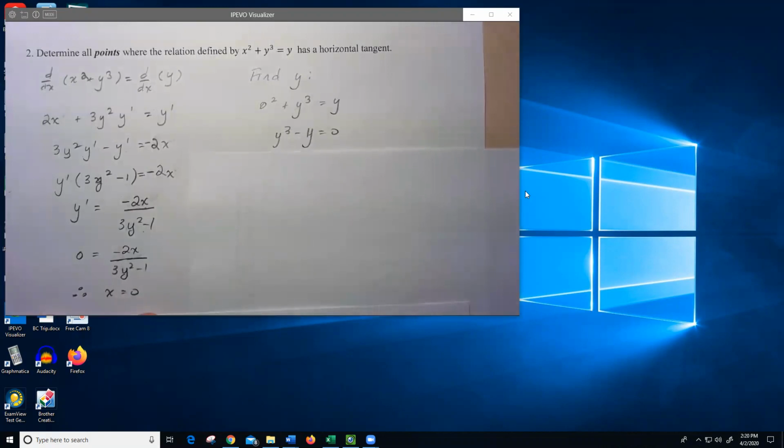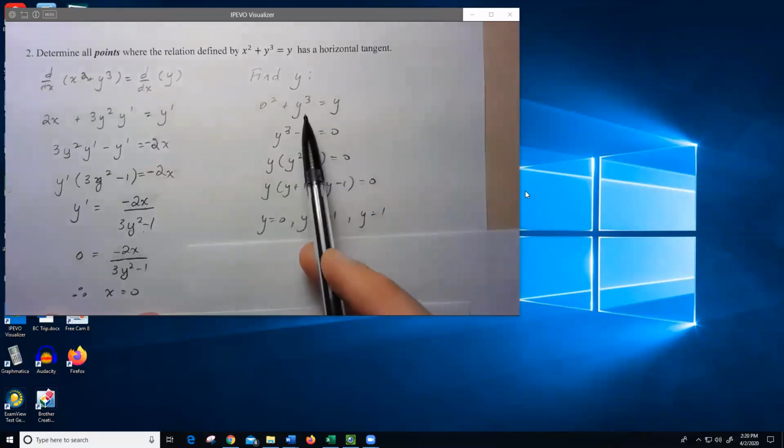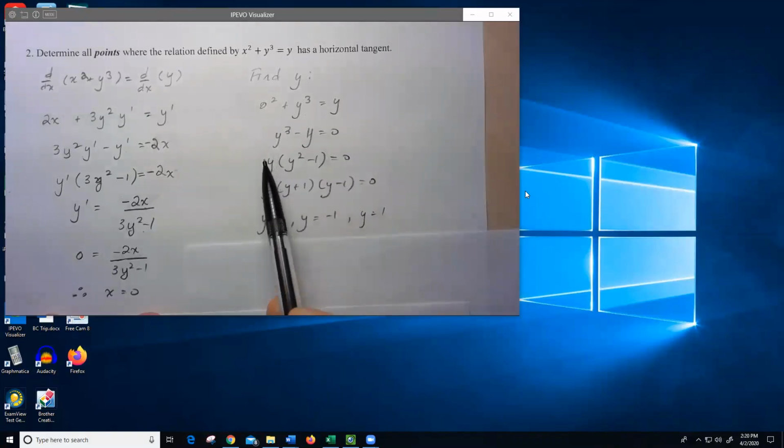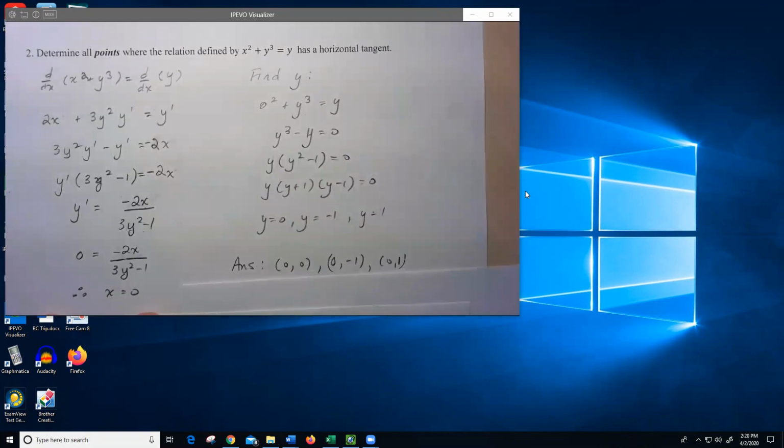What you want to do is bring everything to one side of the equation, and then you see that you're going to have 3 possible y values. Had you divided both sides by y, you would have lost this answer. So please be very careful. So in the end, it looks like we have 3 answers to this question.